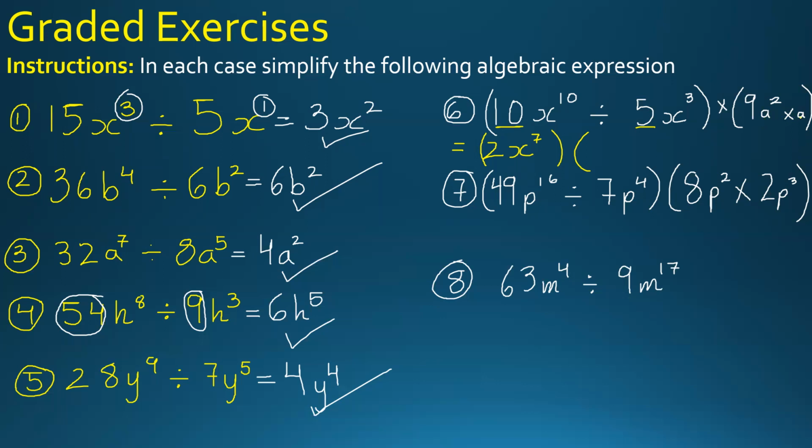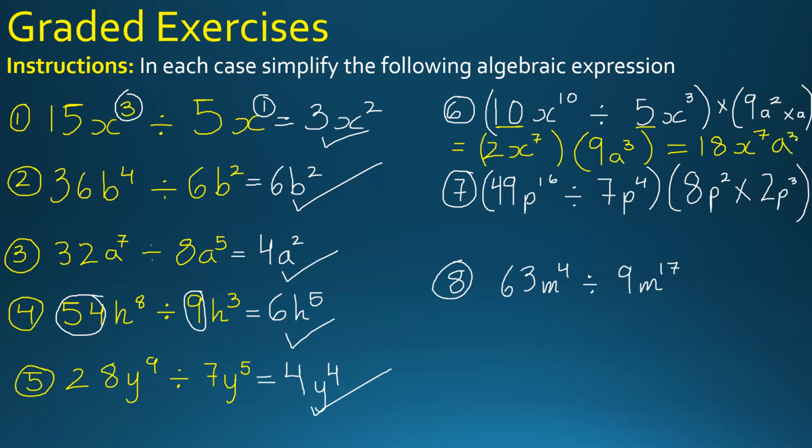So a squared times a is going to be what? a to the 3rd power, because remember, that's the rule from last time. And then now all you got to do is multiply them. What is 9 times 2? 18.